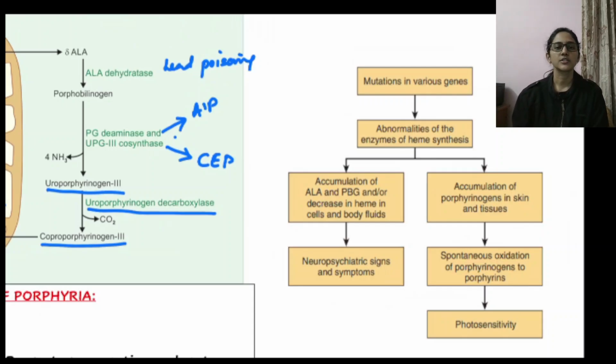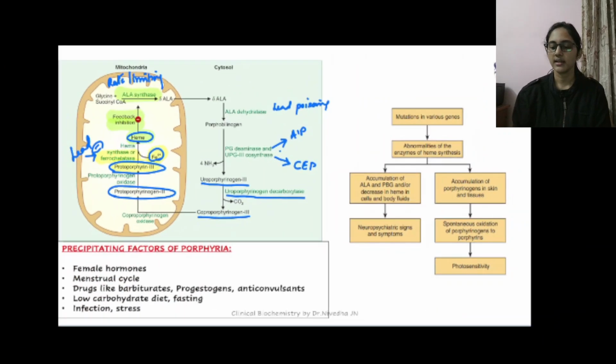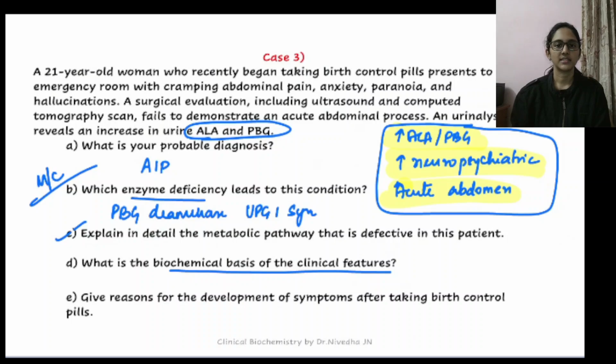There's dermatitis, photosensitivity, scarring. All these are because of your porphyrinogens. So those porphyrinogens get spontaneously oxidized to porphyrins, and those porphyrins are going to cause photosensitivity. Skin manifestations, cutaneous manifestations. All right. So this is the biochemical basis of your clinical features here.